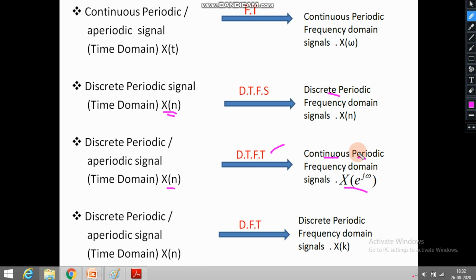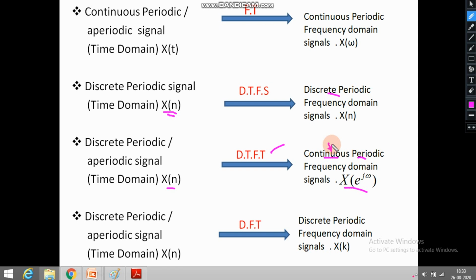The major drawback of the discrete time Fourier transform is that it converts a discrete periodic or aperiodic signal in the time domain to a continuous periodic frequency domain signal. We require a discrete periodic frequency domain signal for digital processing, but what we are getting is a continuous periodic frequency domain signal.